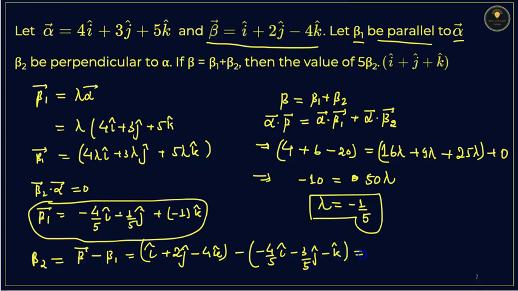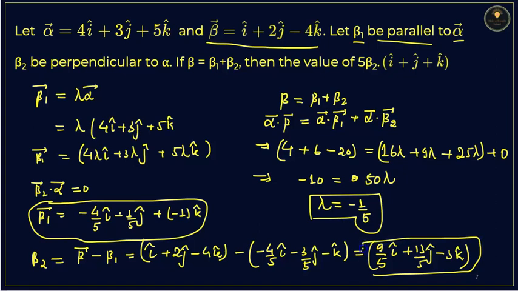You will get 1 plus 4 by 5, that is 9 by 5 i cap, plus 2 plus 3 by 5, that is 13 by 5 j cap, plus minus 4 plus 1, you will get minus 3 k cap. So this is the vector beta 2 that you will get.